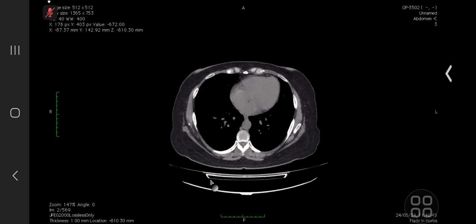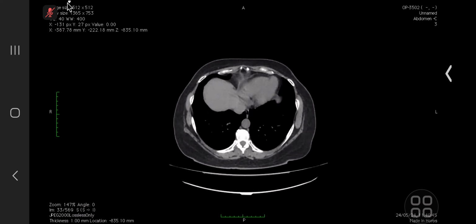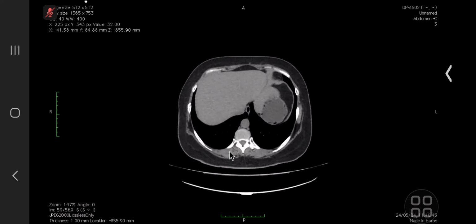This is an abdomen CT scan without IV contrast. It's scrolling slowly. Okay, let me move it from up, maybe it would be faster. Or let me just put in the thin slices.